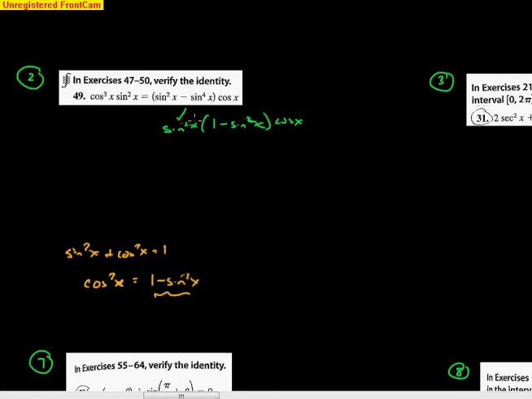So 1 minus sine squared x there, substitute cosine squared x. Sine squared x, cosine squared x, cosine x. And cosine squared and cosine multiply to get cosine cubed x. And there's the left side. Done.